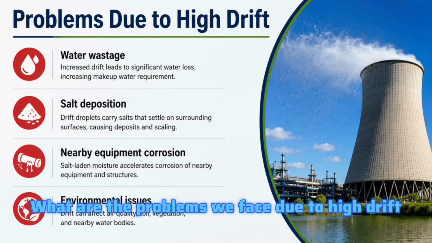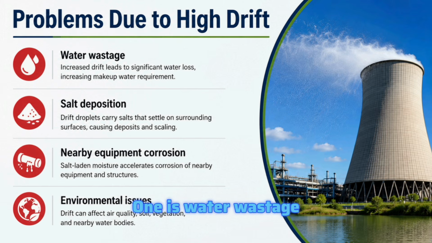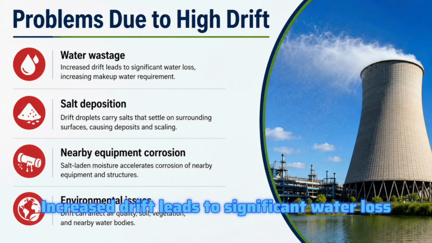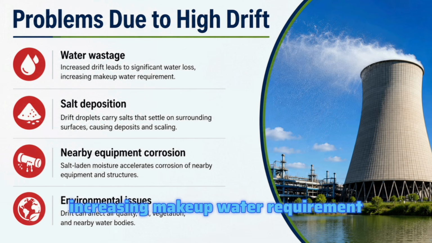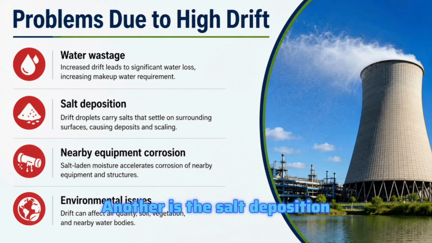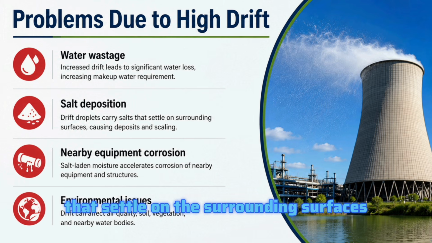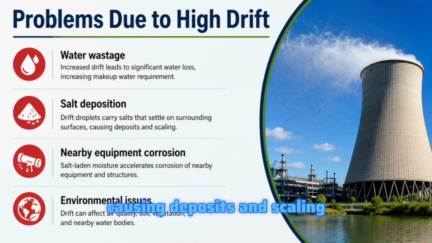What are the problems we face due to high drift? One is water wastage. Increased drift leads to significant water loss, increasing makeup water requirement. Another is salt deposition. Drift droplets carry salts that settle on the surrounding surfaces, causing deposits and scaling.